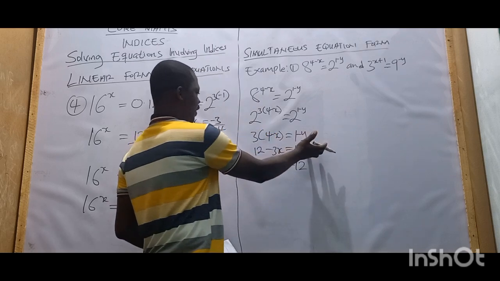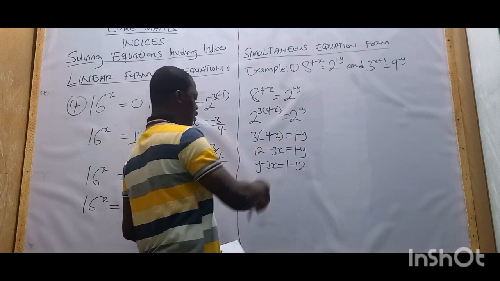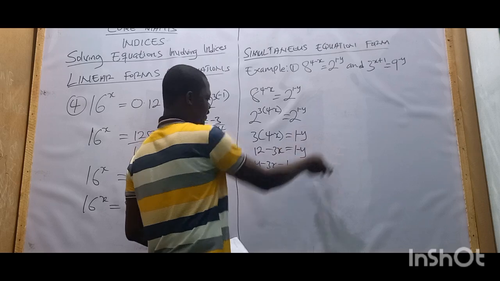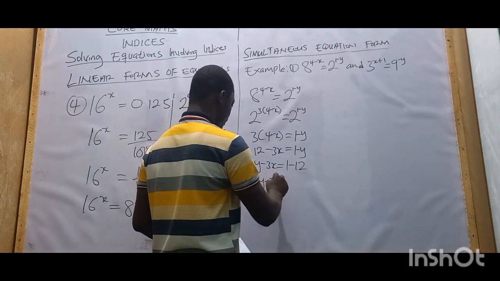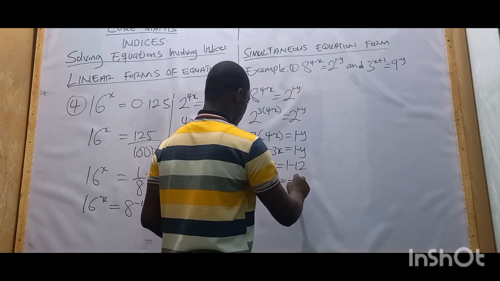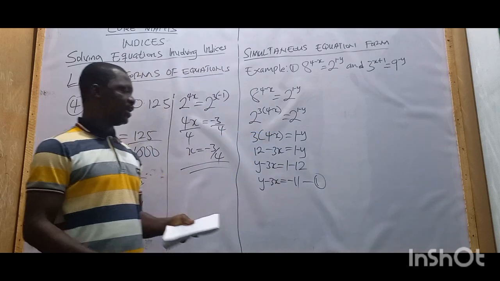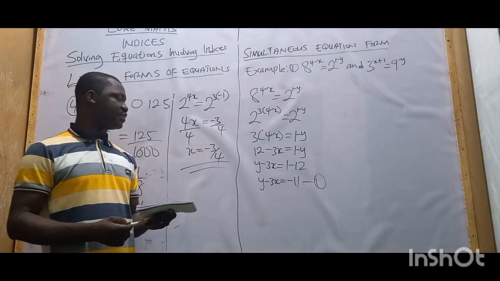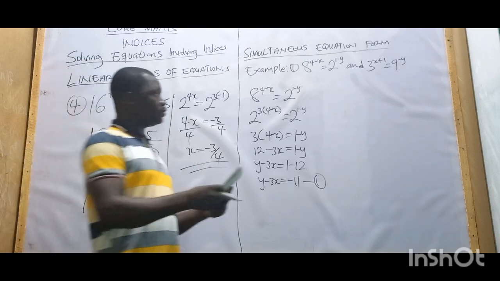I'll move this one to the other side of the equation, which becomes negative. To become positive over here, now I'll move this one to the other side, which becomes what? Negative. So this is my equation 1. y minus 3x equal to negative 11 becomes my equation 1. So let's simplify the second one too.